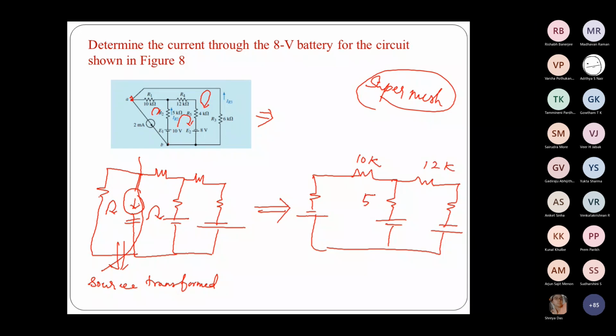This is 5K and this is 10 volt, 4K and this is 8 volt. Now the current source of 2 milliamps in parallel with the resistance of 6 kilo ohms became a voltage source in series with the resistance. So this resistance will be 6K and the voltage equivalent is I into R. So 6K multiplied by 2 milliamps becomes 12 volt. Kilo ohms and milliamps, so it's 12.